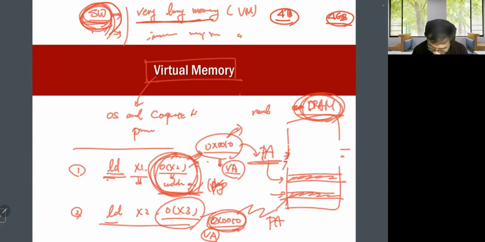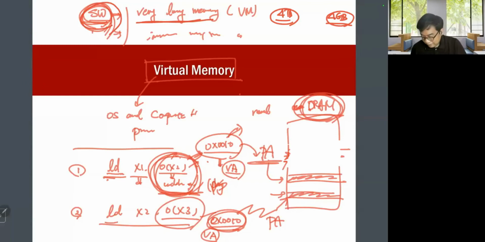So software just accesses the data with the virtual address, not the real address.